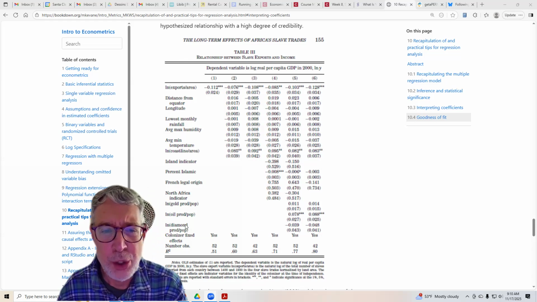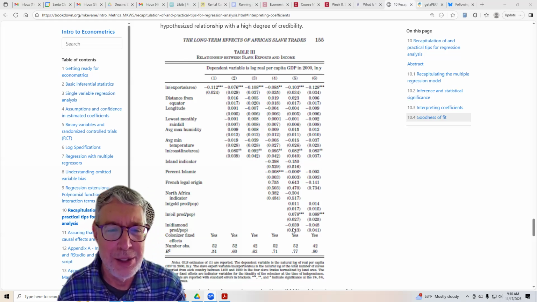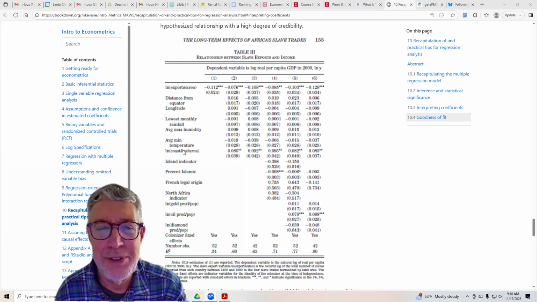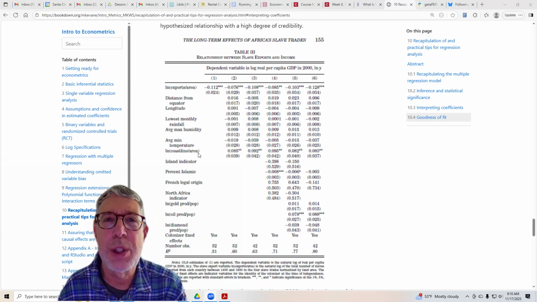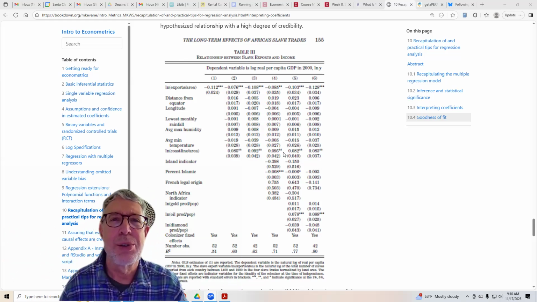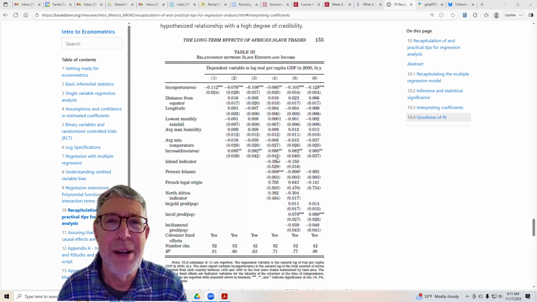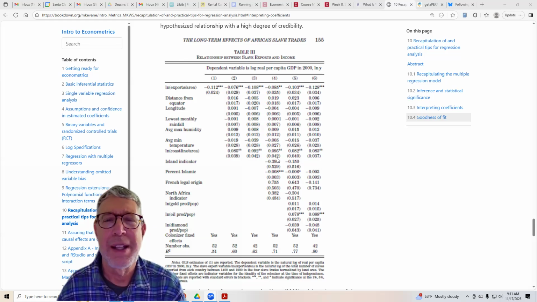Gold and diamond production don't attain anywhere near that magnitude of effect, and are not statistically significant. The other significant coefficient we see here is the log of the coastline per area of the country. Some countries have a tiny coastline, and some countries have a large coastline relative to their area. This goes back to Adam Smith, that the wealth of nations is determined by the size of the market.